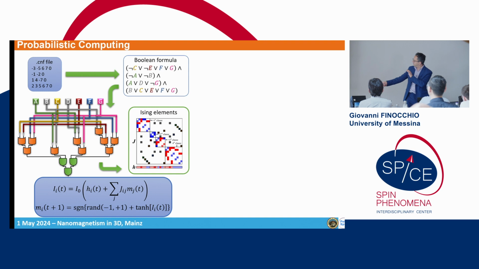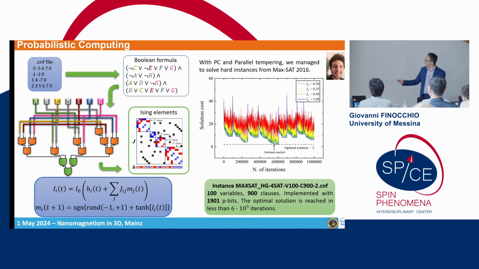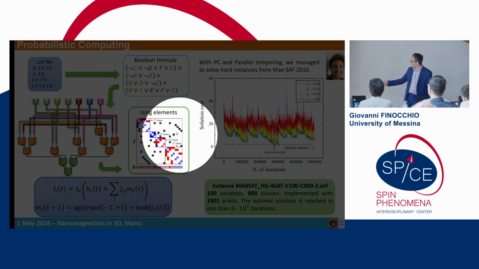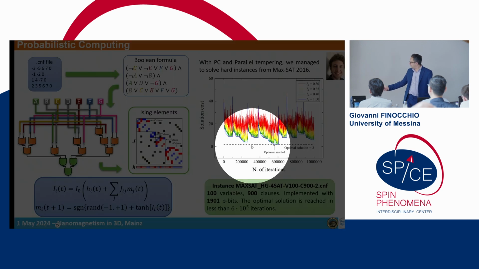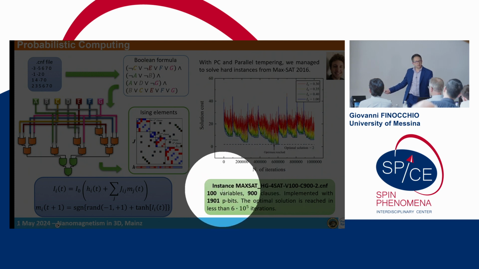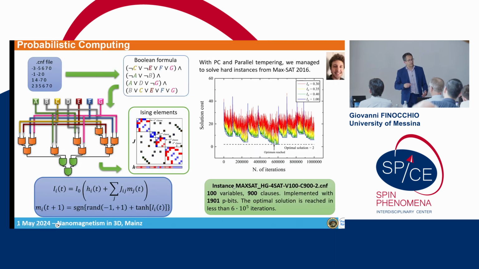You see here the Ising elements. Then we run our algorithm, a very simple one for this case, and we find the optimal solution, because for this problem it is known, in 600,000 iterations. And if we consider we have 100 variables, the number of combinations for this problem is 2 to the 100, so it's way larger than that.